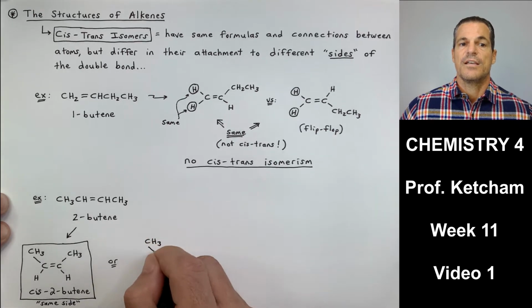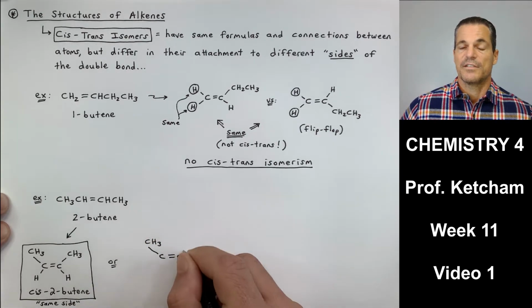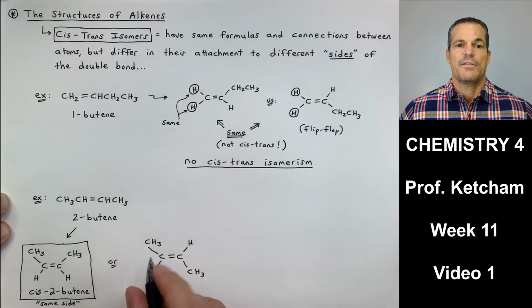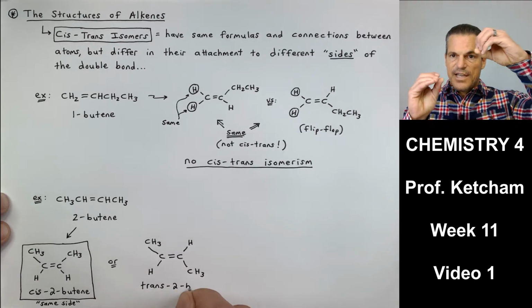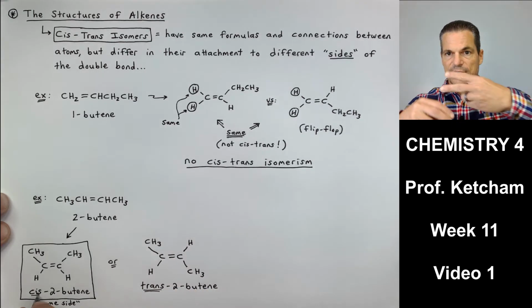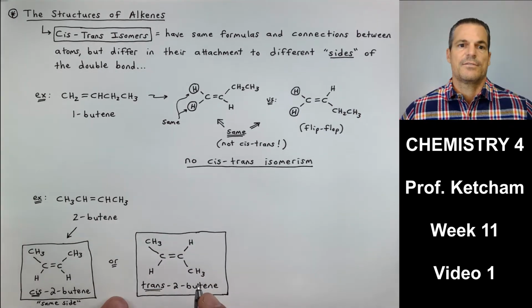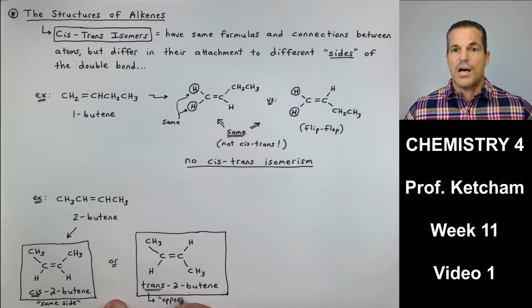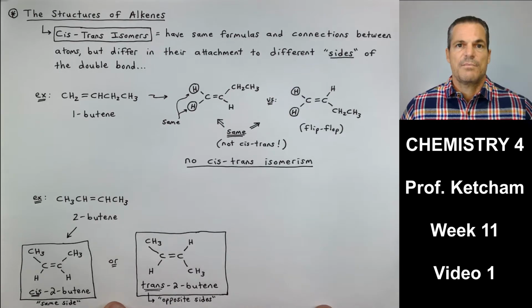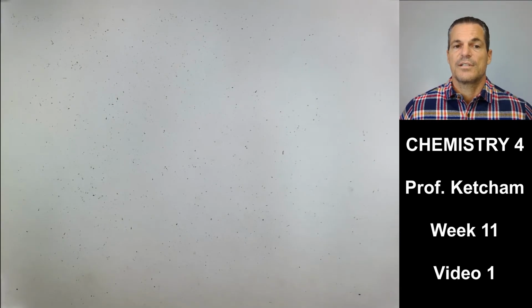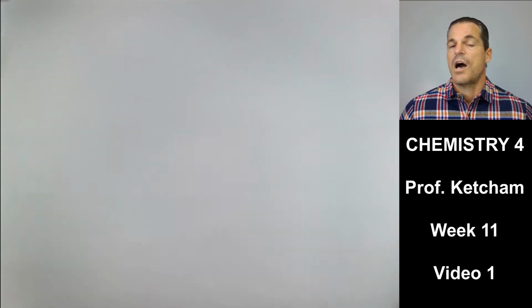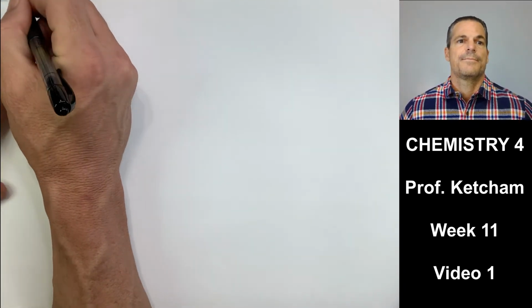That's where the larger substituents are on the same side as each other. Now the trans version, I'm going to have the CH3s like this on the opposite side. Here's the double bond, and they're trans, like transcontinental, opposite sides of the country. Same thing here with the larger substituents, the CH3 groups, on opposite sides of the double bond.